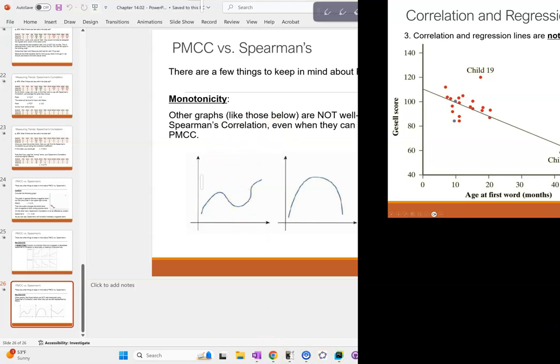If I throw this guy out, my R value improves a little bit. Everybody see that? If I take child 18 and throw them out, my R value gets worse. So sometimes the removal of an outlier can improve your R value score, and sometimes it can make it worse.